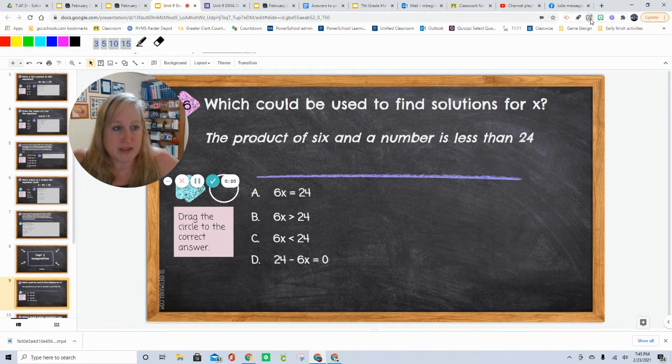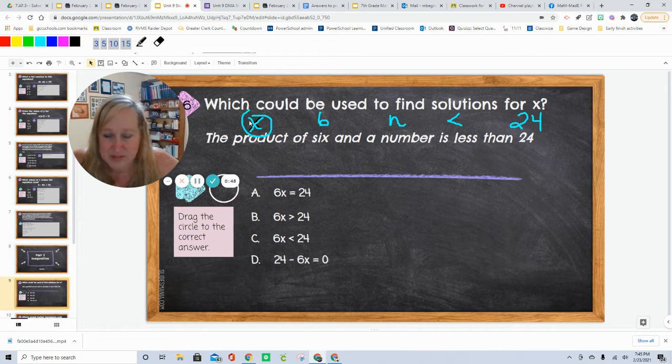So we're going to break this down. The product, well, product means multiply, of 6 and a number is less than 24. Okay, so I'm going to put this together. Now they're out of order, it looks like.